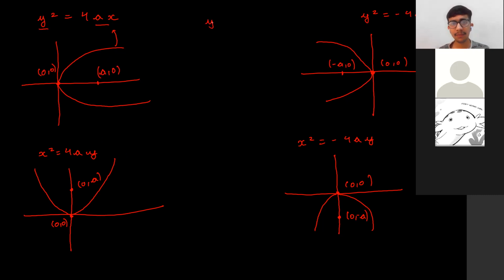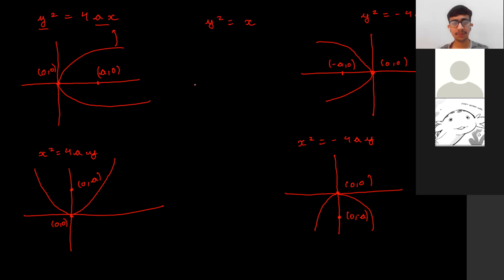So let's say you have an equation y square is equal to x. Then what will be the value of a? I'm asking about the value of a. If a is 0, then the equation becomes y square equal to 0.